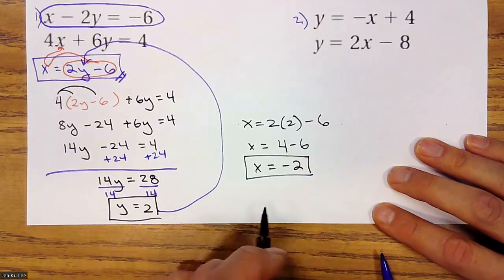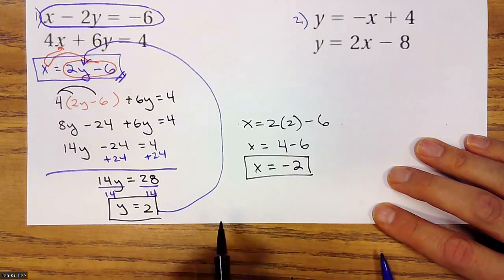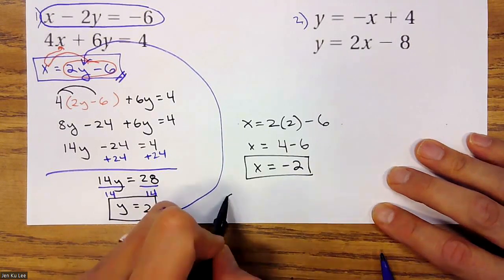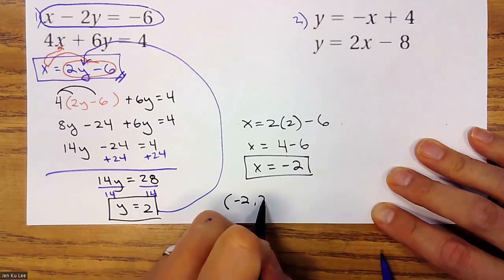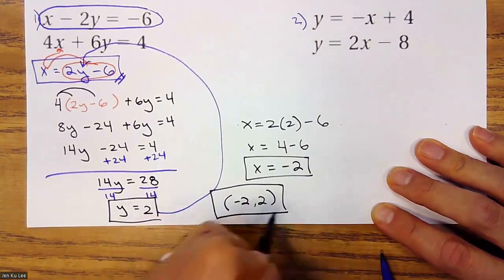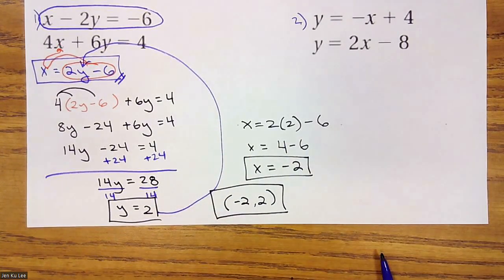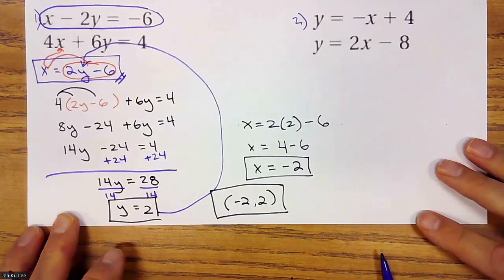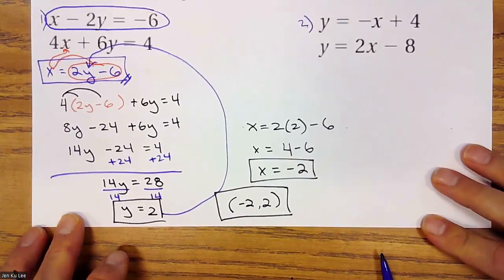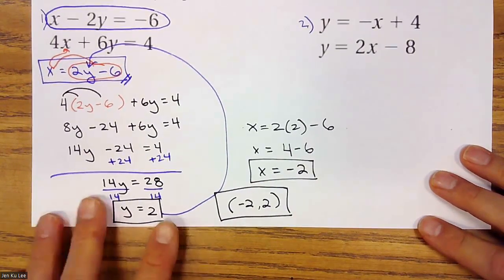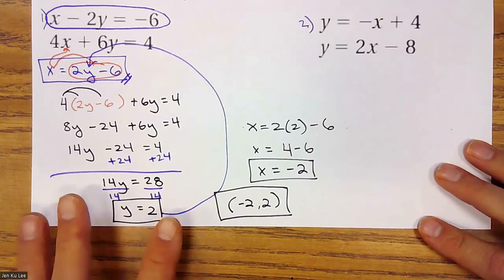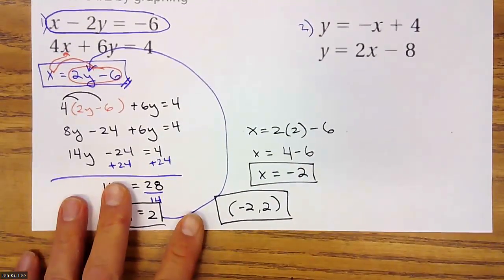All right? So x is negative 2, y is 2. So my final answer would be a coordinate, because I have an x and I have a y, of negative 2 comma 2. All right? Questions on that? Okay? That's how you would solve a system of linear equations by substitution.